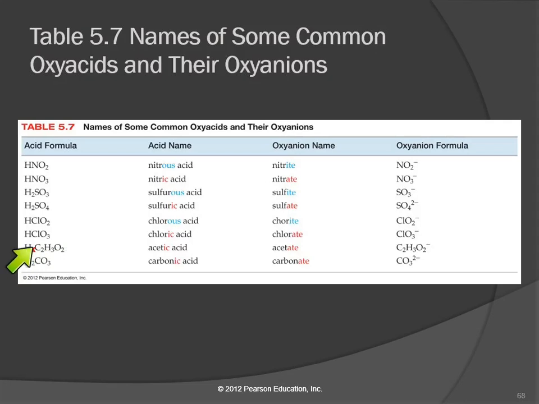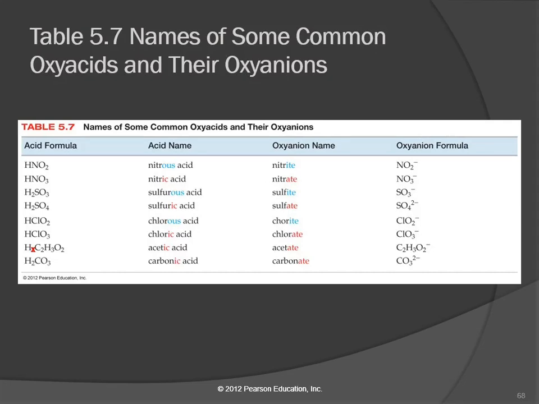There shouldn't be a 2 there. So if we look at these, HNO2, cover up the H, NO2. NO2 is nitrite. We change the "ite" to "us." So we have "us" and "ic," we have "ite" and "ate," and we have to figure out how they go together.